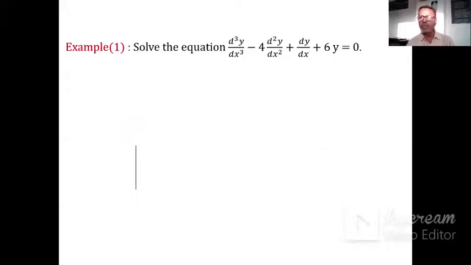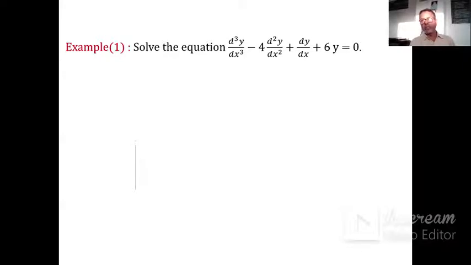Now we want to see how to obtain the solution of a homogeneous differential equation with constant coefficient if the auxiliary equation has real and distinct roots.